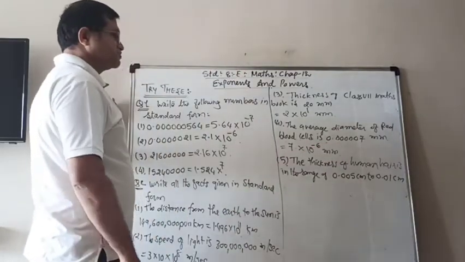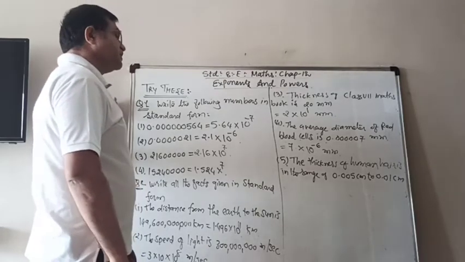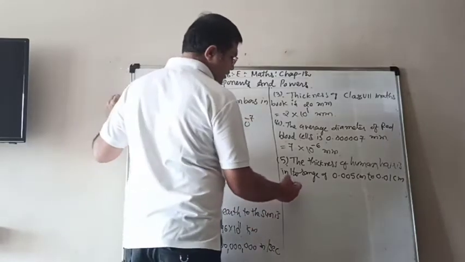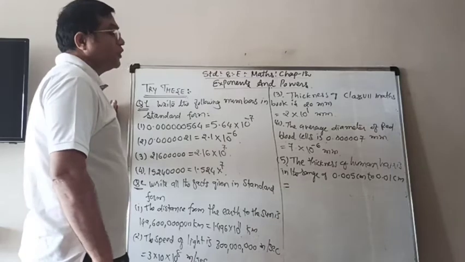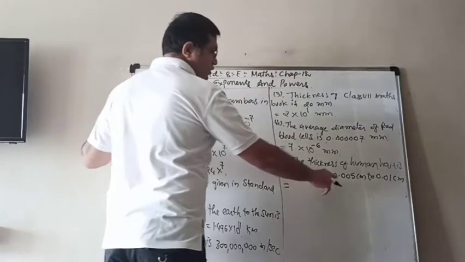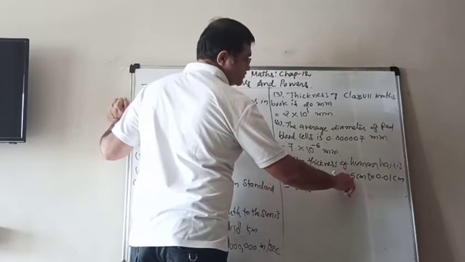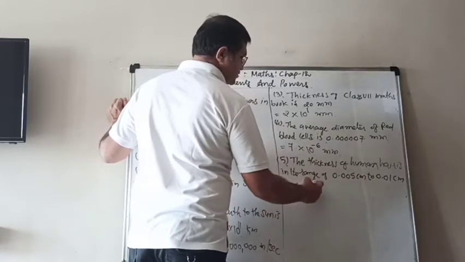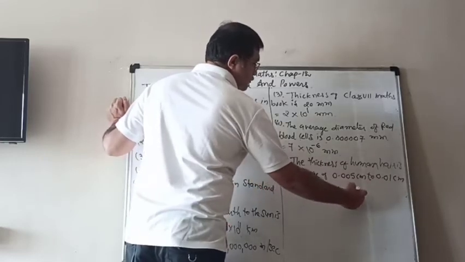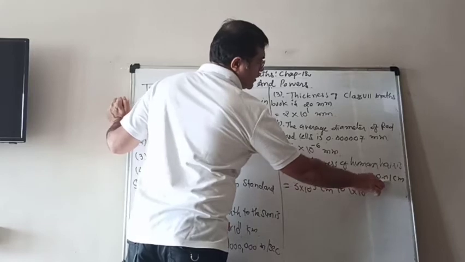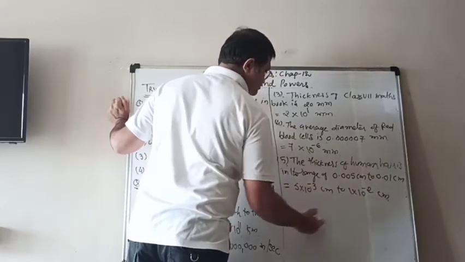The fifth one is the thickness of human hair, which is in the range of 0.005 centimeter to 0.01 centimeter. So that is equal to 5 into 10 raised to, now 1, 2 and 3, so 10 raised to minus 3 centimeter, to 1 into 10 raised to how many? 1 into 10 raised to minus 2 centimeter.